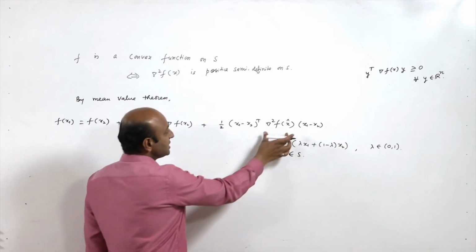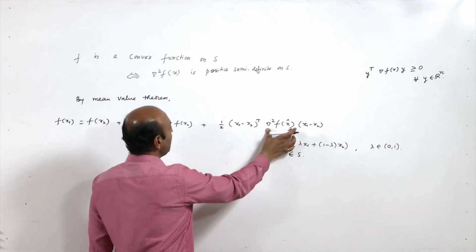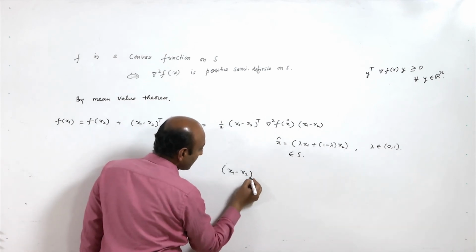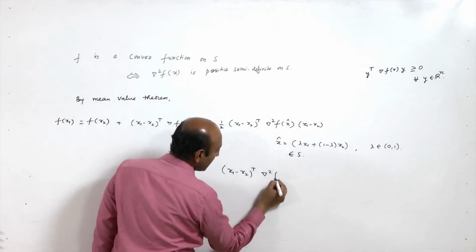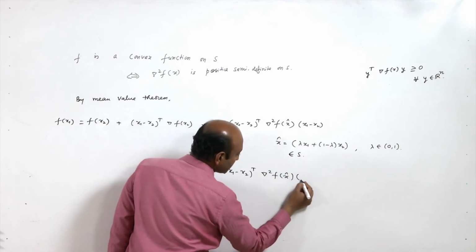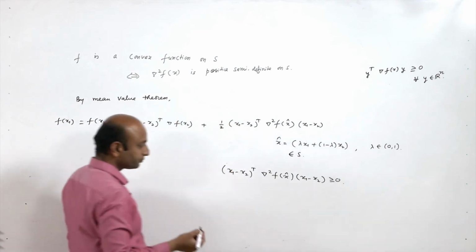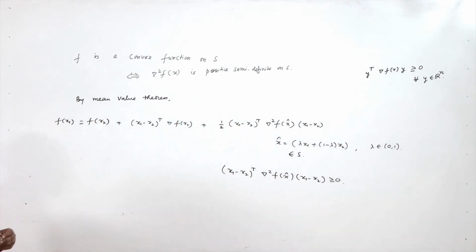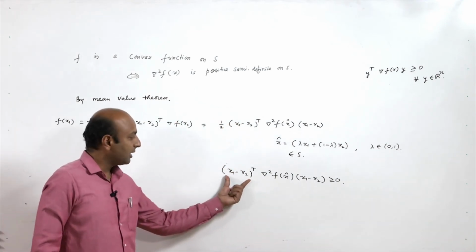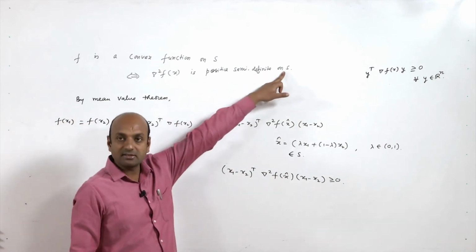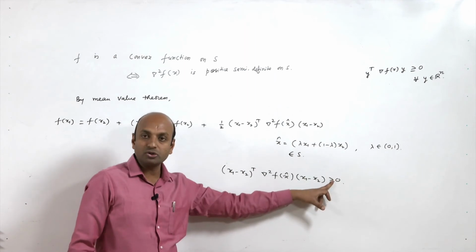Since the Hessian matrix is positive semi definite, this quantity x1 minus x2 whole transpose gradient square f x cap into x1 minus x2 will be greater than or equal to 0, because this is some point in Rn and this x cap is in S, and the Hessian matrix is positive semi definite on S. So, this quantity will be greater than or equal to 0.